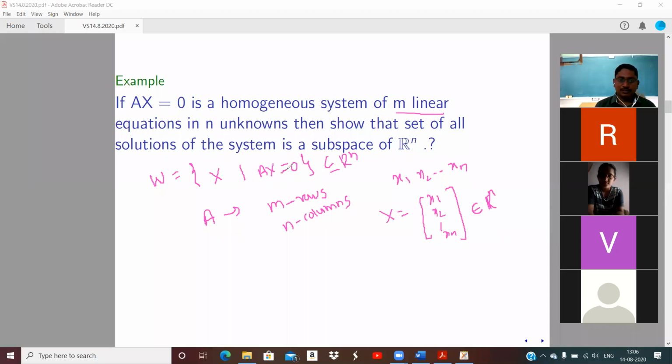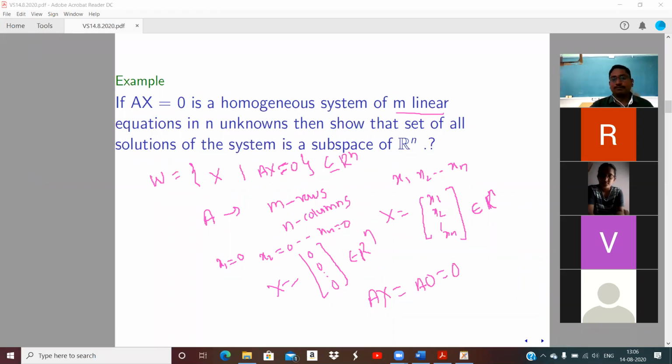Since it is a homogeneous system of equations, there is always a guaranteed solution: one can take x1 equal to 0, x2 equal to 0, and so on, xn equal to 0. That is x equal to the zero vector, a column with n rows, such that A times 0 gives 0. So the zero column is a solution of Ax equal to 0.